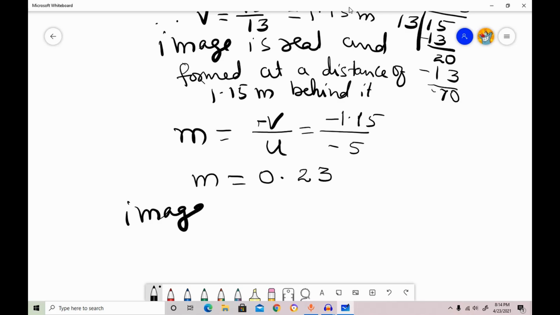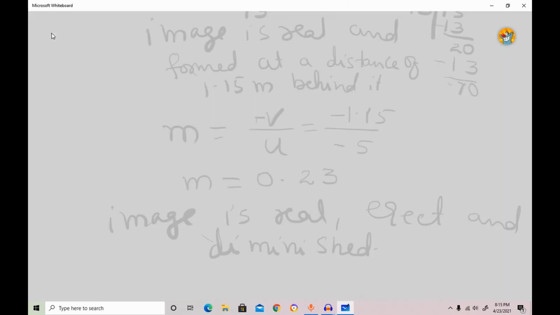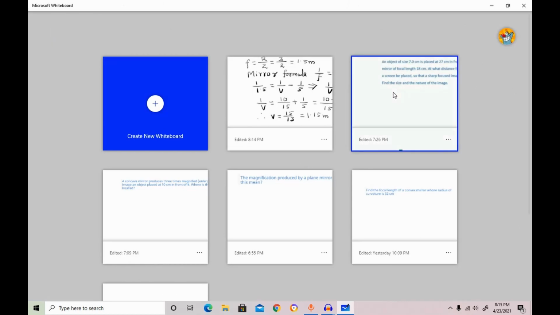Image is real, erect and diminished. So this is your answer for the first problem. I will move to the second problem. I will take this one.